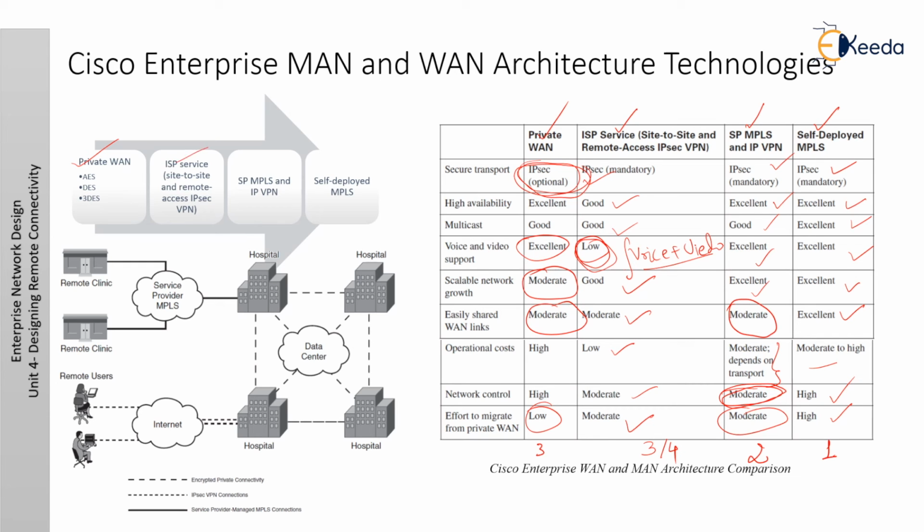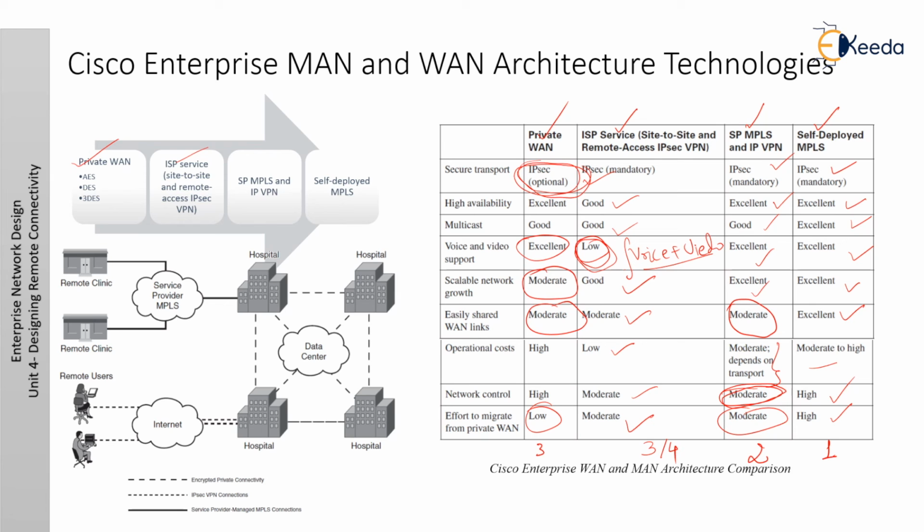Then ISP service, site to site and remote access IP security. These technologies take advantage of the ubiquity of public and private IP networks. The use of a strong encryption standard like DES, 3DES, and AES makes the WAN option more secure than traditional private connectivity and makes it compliant with the many new information security regulations imposed on government and industry groups such as healthcare and finance. When implemented over the public internet, IP security VPNs are best suited for businesses that require basic data connectivity.